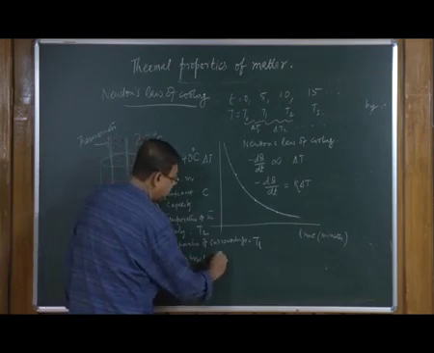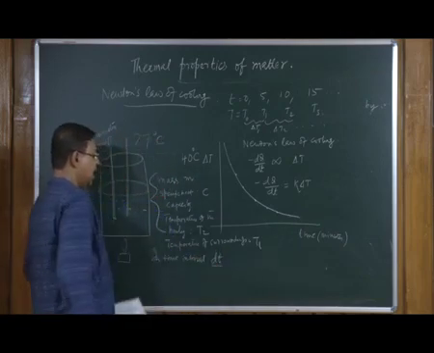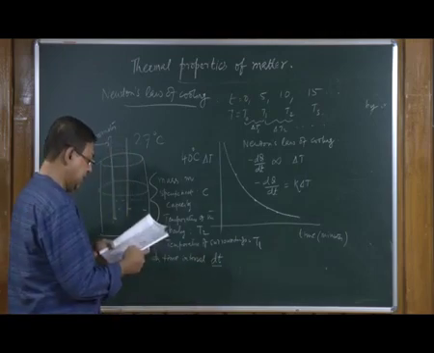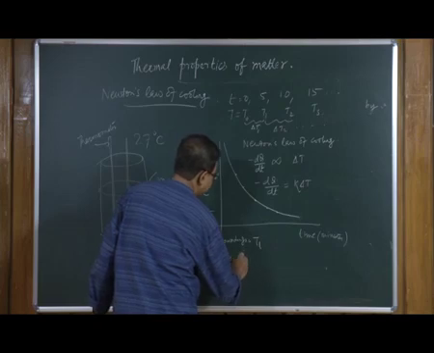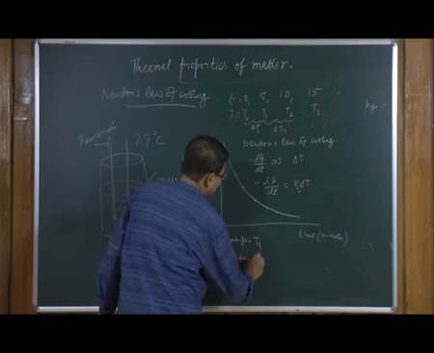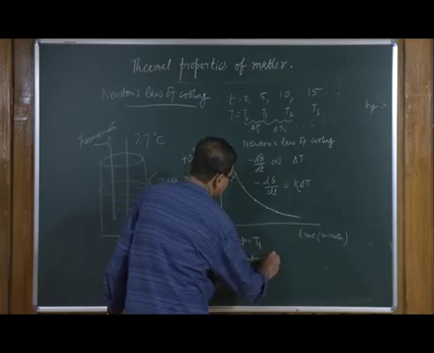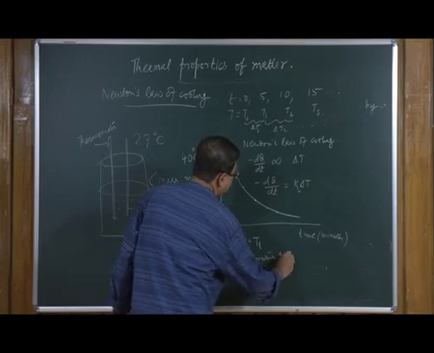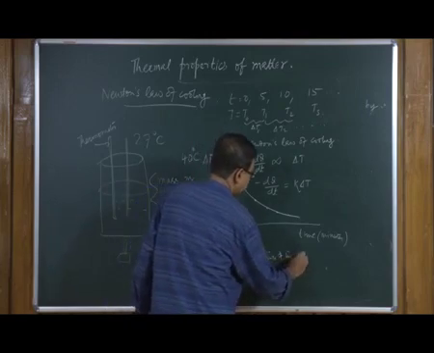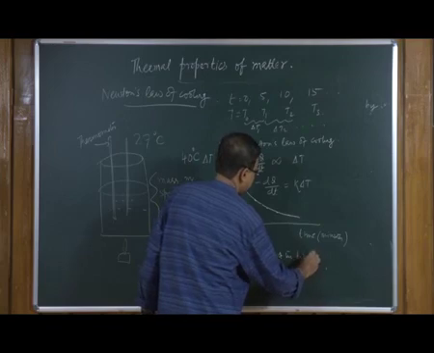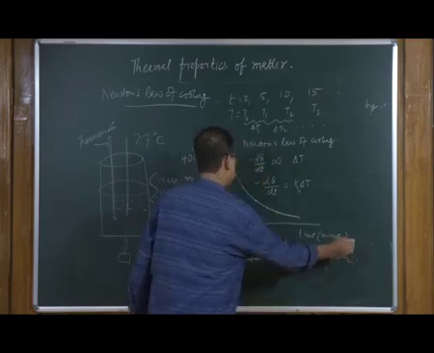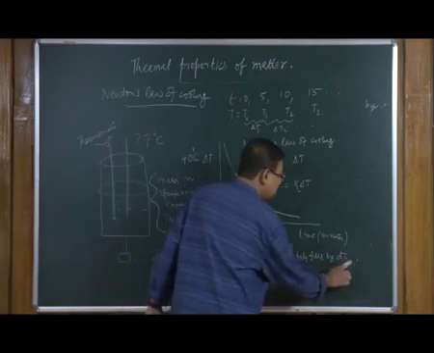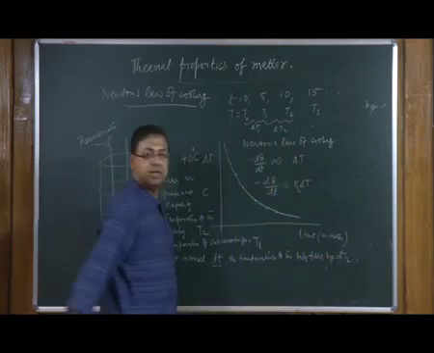I mean small dt means what I mean is this. In time interval dt, the temperature of the body falls by dT2, because T2 is the temperature of the body.